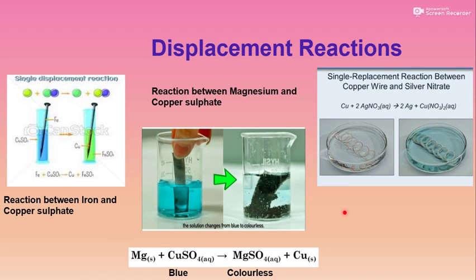So there is a change, and we can easily observe that some reaction has taken place. What happened in this reaction? Magnesium reacts with copper sulfate, and because magnesium is more reactive than copper, how do we know? With the help of the reactivity series. So magnesium displaces copper from the copper sulfate solution and forms magnesium sulfate, and copper is left behind. So from blue color it becomes colorless.